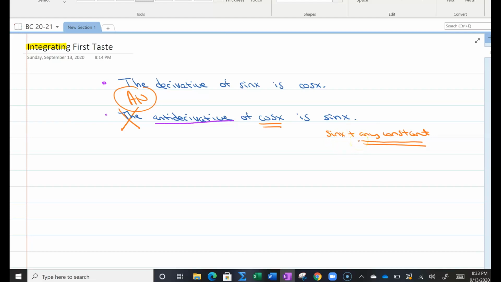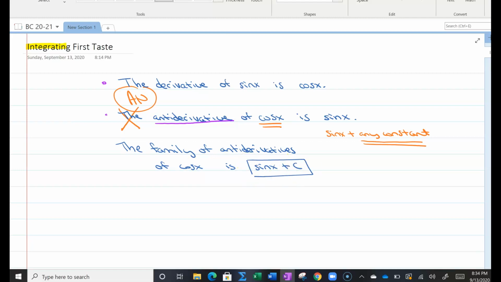So to make this statement even more accurate, we say this: the family of antiderivatives of cos x is sine x plus c. Here's another idea, family of antiderivatives. And here's the first difference between going, quote unquote, forwards and going backwards.